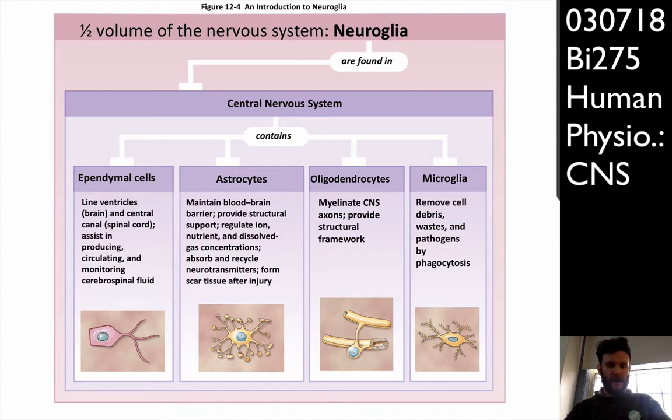Next are the astrocytes. Now, I just said that the brain is floating in this broth of cerebrospinal fluid. The brain obviously needs blood, or more specifically, the contents of the blood: nutrients, oxygen, etc. But in fact, there's a lot of stuff in the blood that the brain does not want to come in contact with.